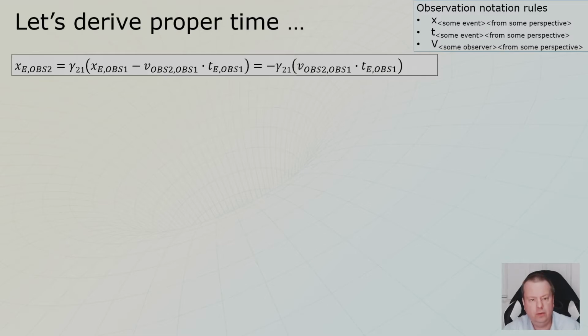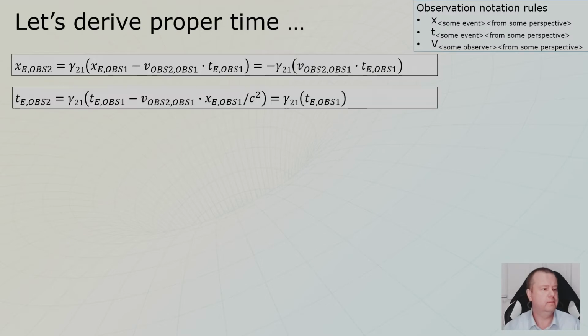And you can tell in the previous pictures that both events for observer 1 happen at the same location. X is 0. So the x of any of those two events will be 0, and that's why the x cancels out in this first equation.